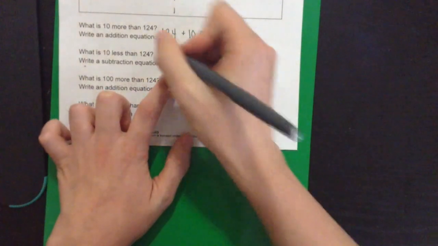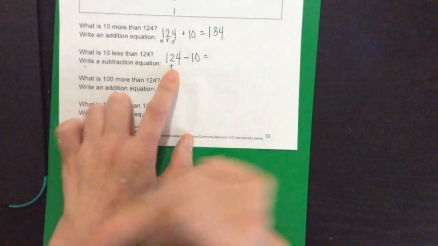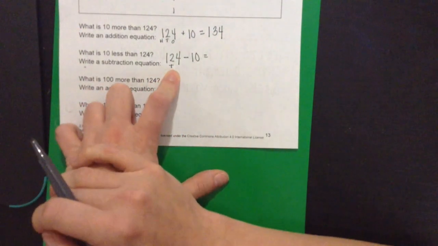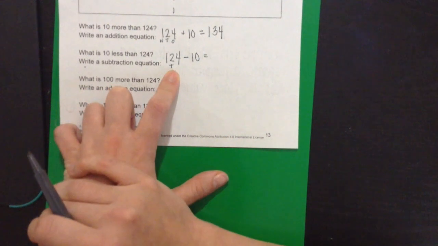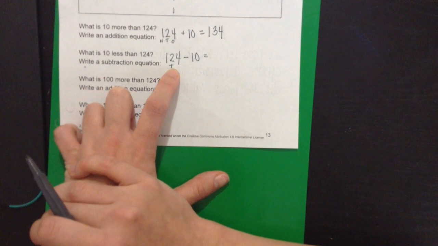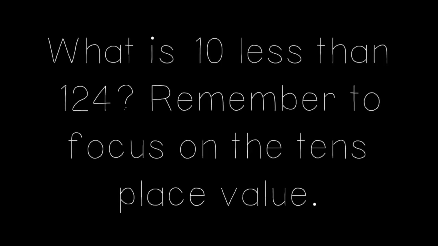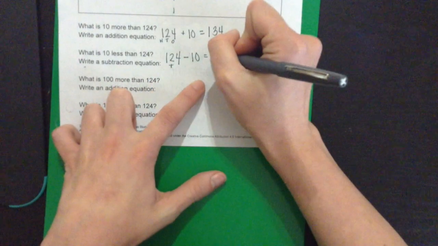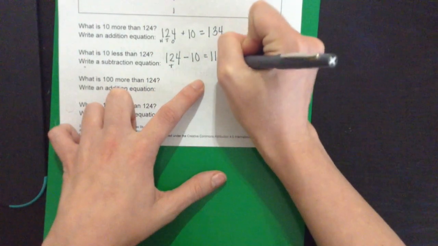So we're still looking at this tens place, but instead of adding, we're subtracting. So if I had 124 and I took 10 away, I would come down to 114.